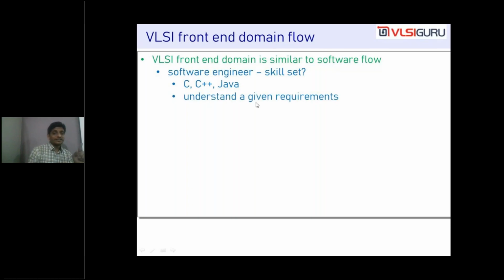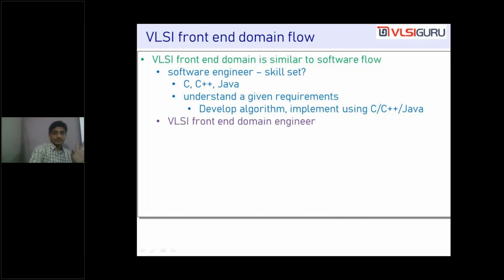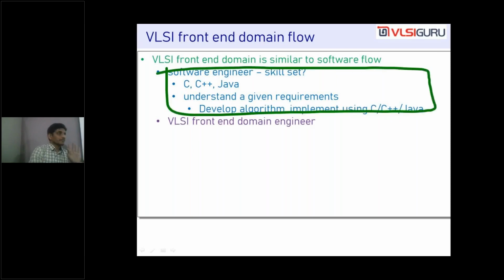Other than that, he needs to understand the requirements. Understanding the requirements, he develops the algorithms and implements those algorithms using C, C++ and Java. Can we summarize a software engineer in this manner?